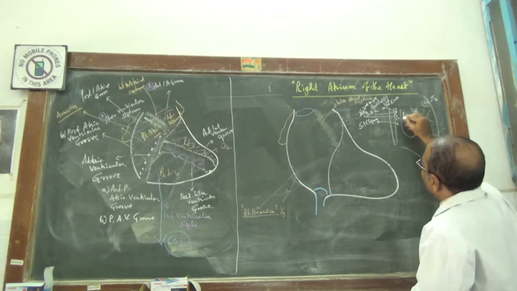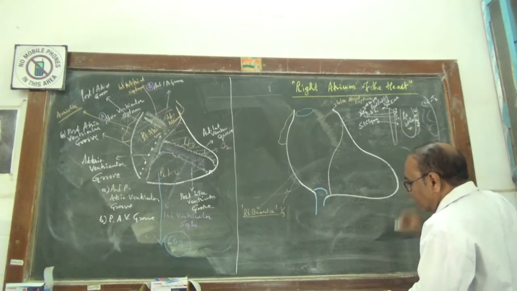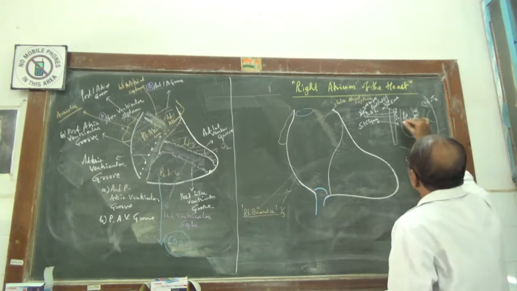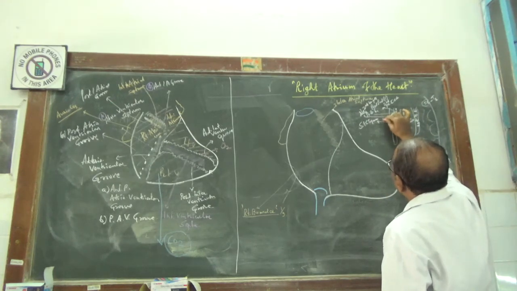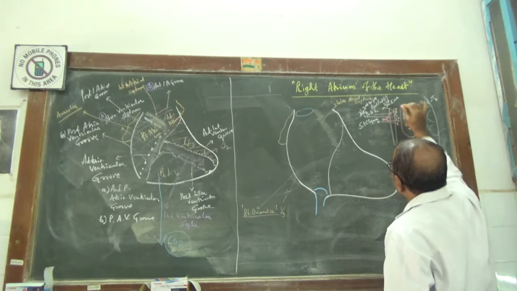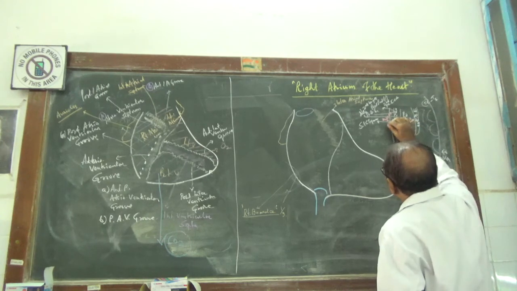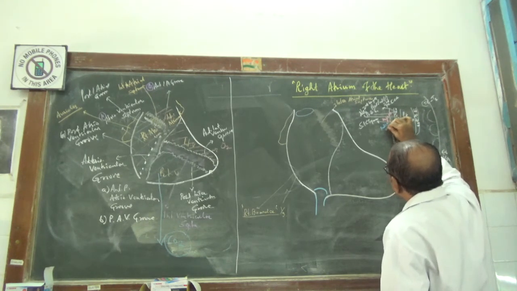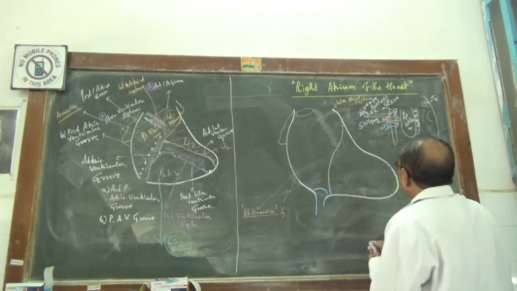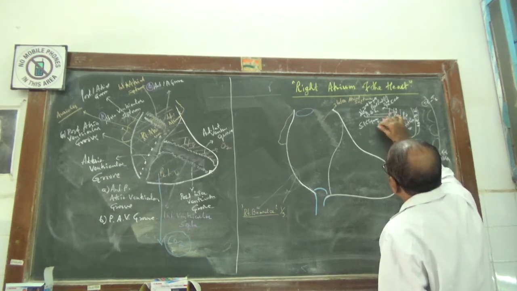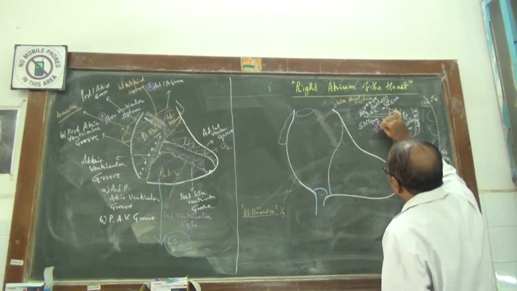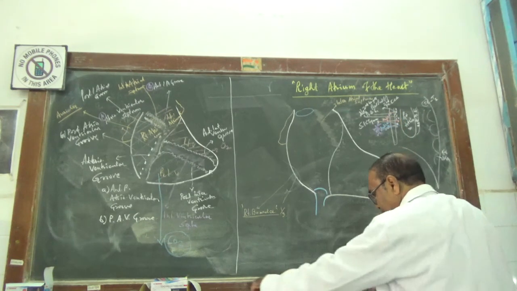Then you have got intercostal arteries, anterior intercostal arteries, anterior intercostal veins, anterior intercostal group of lymph vessels.